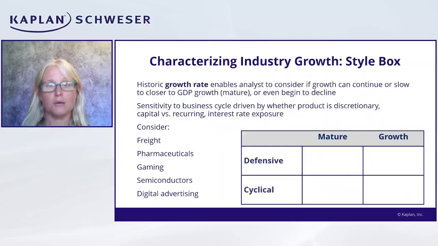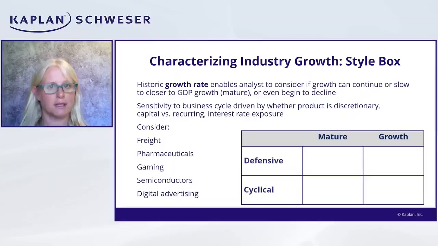Okay, so thinking about the industry, we can categorize our industry in terms of growth rates. So is this a mature industry, or is it still in the growth phase? Mature industries, obviously there's a limit to how much they can grow, and they'll probably converge towards just the general GDP growth rate. Then we've got defensive or cyclical, which you may have seen elsewhere, where we're talking about maybe beta factors of companies.